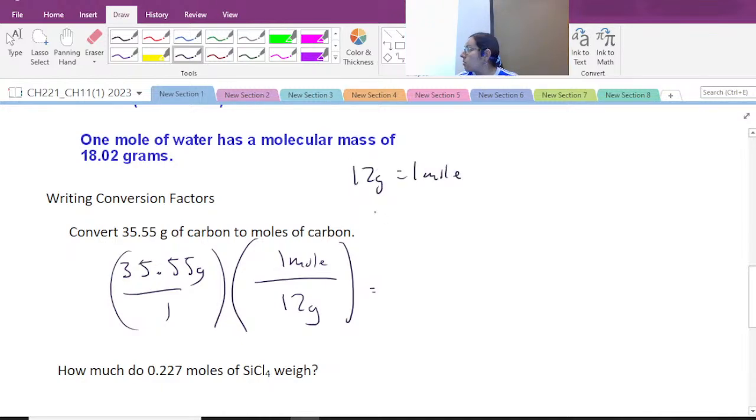And so you know you need grams on the bottom to cancel out. Yep. 35.55, and then we need 1 mole on the bottom, 12 grams.